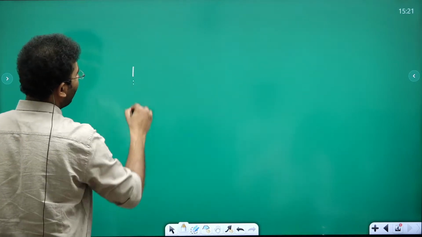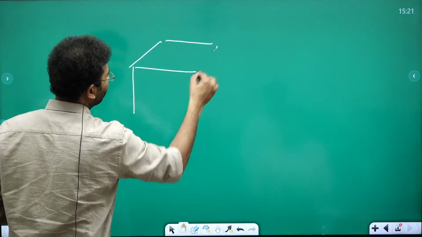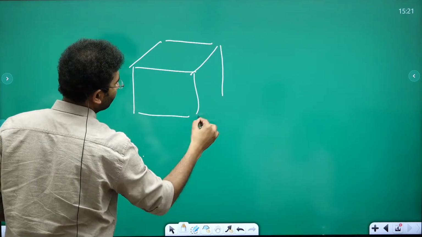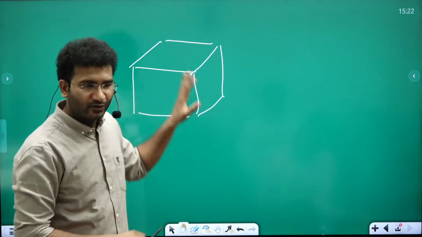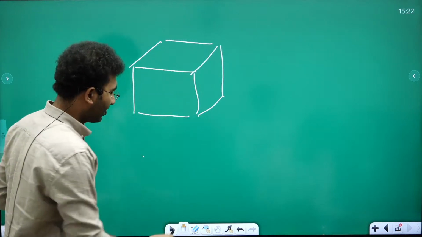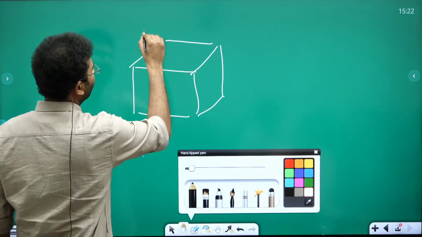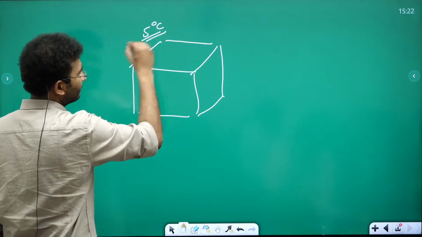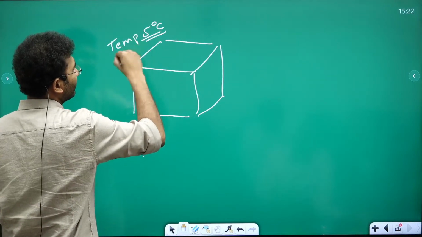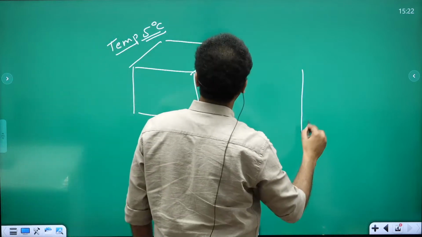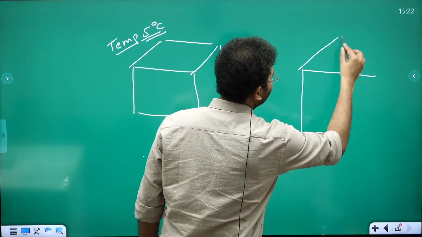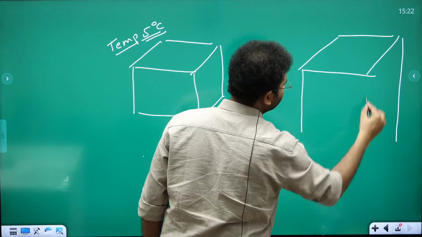Imagine you have a pocket of air. This is a packet. You have a packet of air, and the temperature of this packet of air is 5 degrees Celsius. Right? And then what I have done is I thought of giving certain heat to this pocket of air.